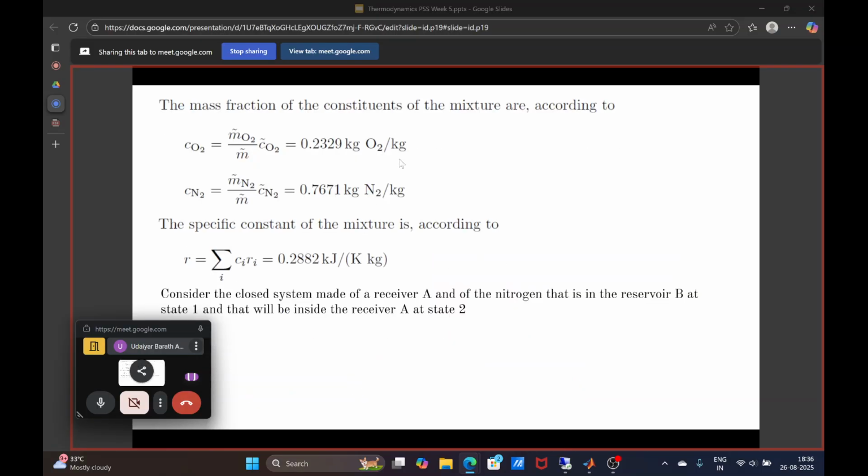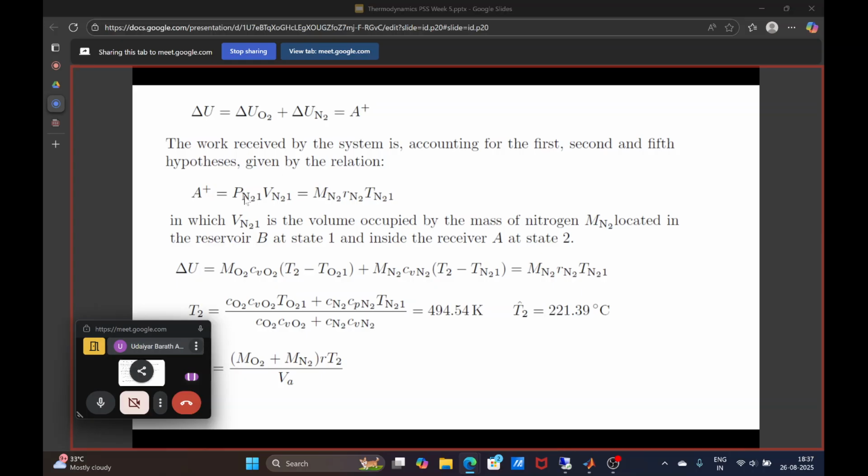Your work done is P into V, which can be written from the ideal gas law as mRT. Substituting this, we get mass of oxygen into Cv of oxygen times (T2 minus T naught) plus m Cv delta T of nitrogen equals m R T for the nitrogen which is getting transferred inside.